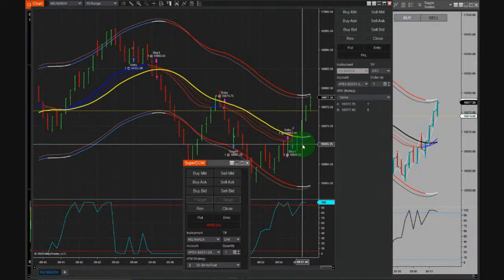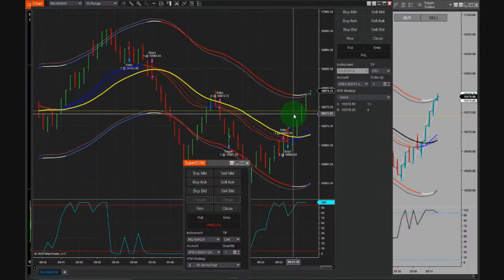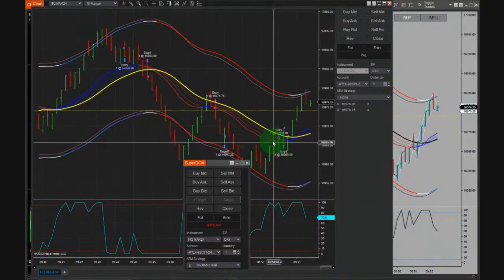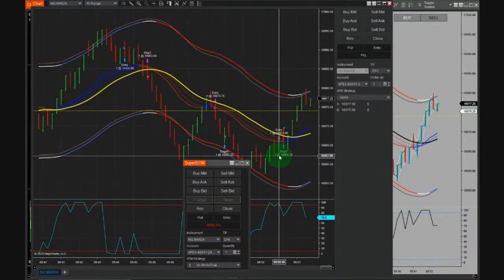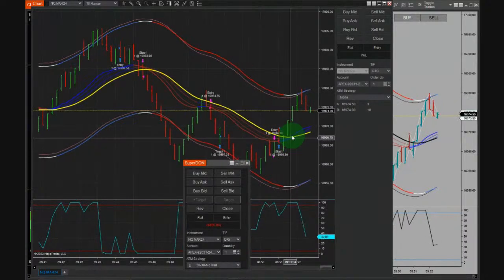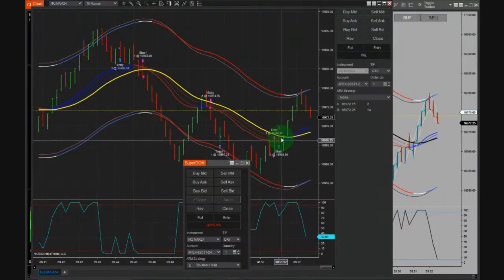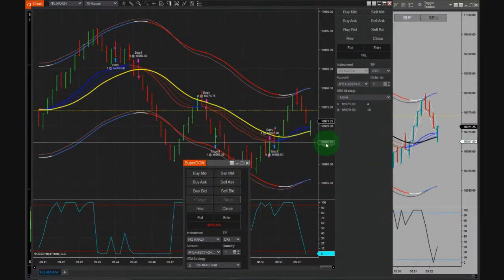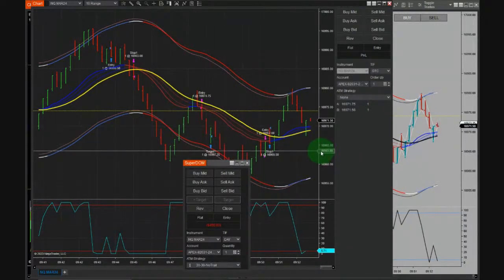So 72.75 stopped out on that one too. So I'm glad I stuck to my rules. I took the one trade setup that was legit, got stopped out. There was a second trade setup, but I didn't take it because it's only one trade per fresh high or fresh low.